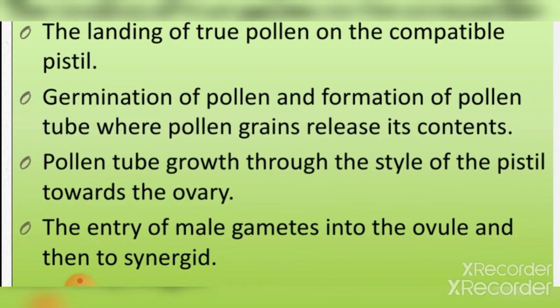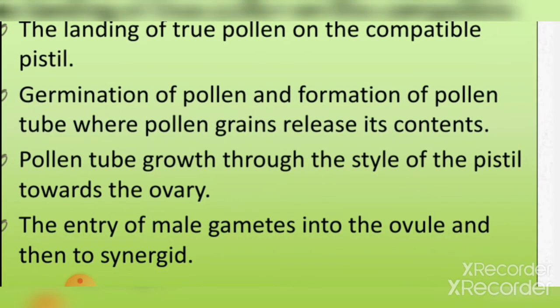Next is the germination of the pollen and the formation of the pollen tube, where the pollen grain releases its contents. The third is the pollen tube growth through the style of the pistil towards the ovary. The next is the entry of the male gametes into the ovule and then through the synergid.